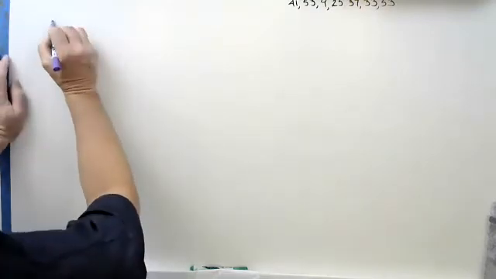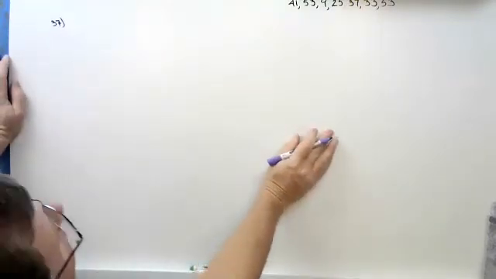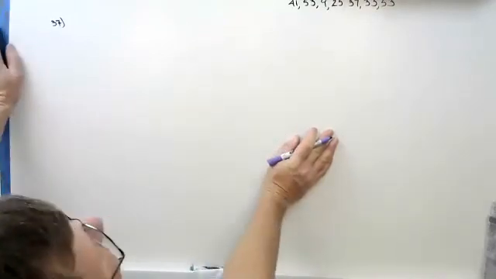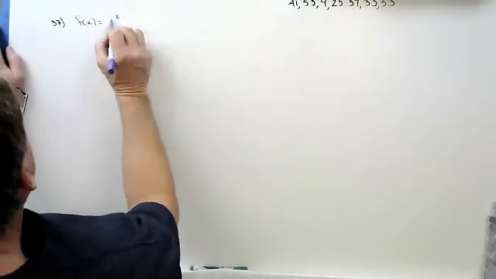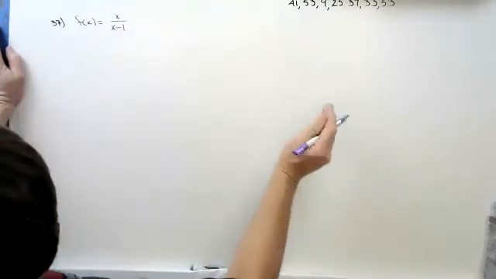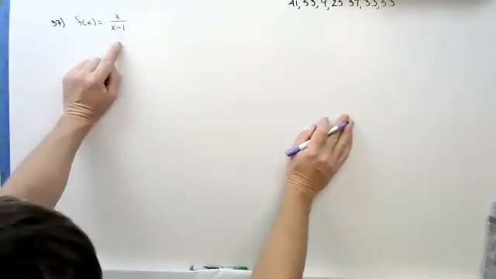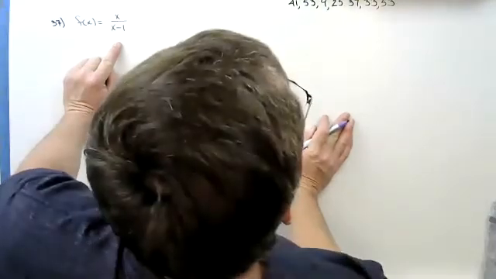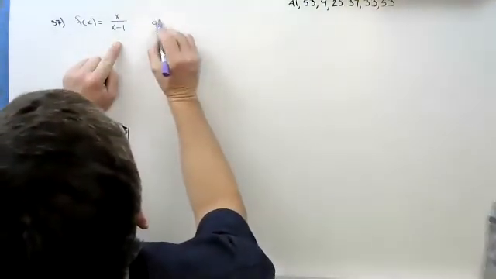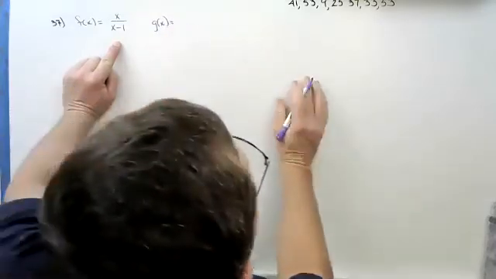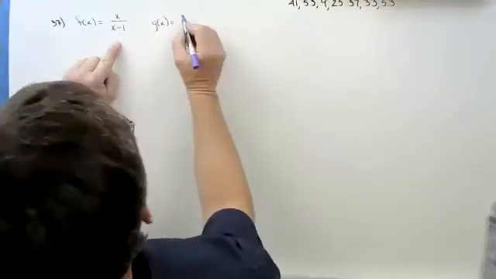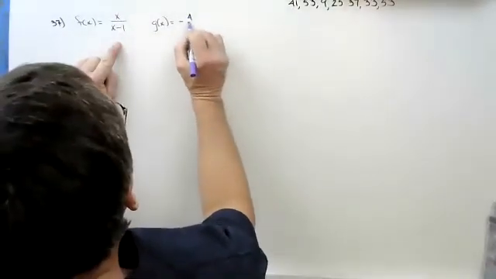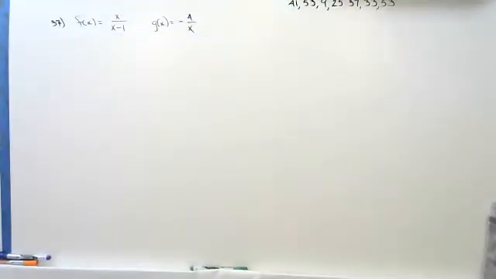Problem 37, we have different functions now. Now we have f of x equals x over x minus 1. So this is going to be more complicated because f is going to have issues. And we have g of x equals negative 4 over x. g has issues. All right, so we're going to think a little more for this one.